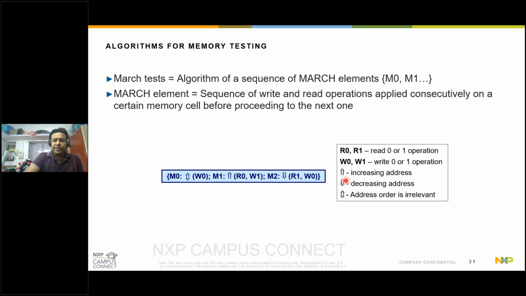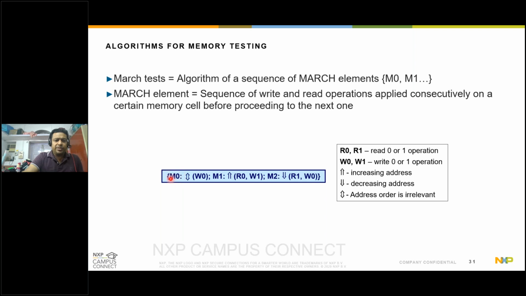The arrows here indicate in which increasing or decreasing address order you are doing the read and write operations on your memory cells. The bidirectional arrow indicates that the order of addresses is irrelevant.